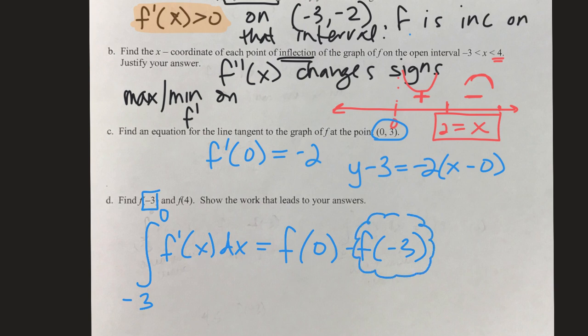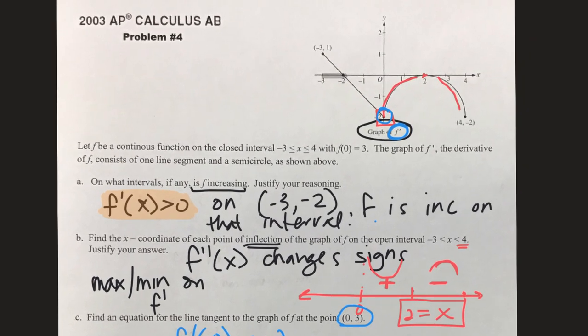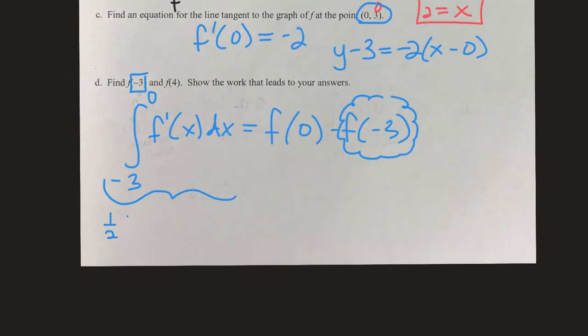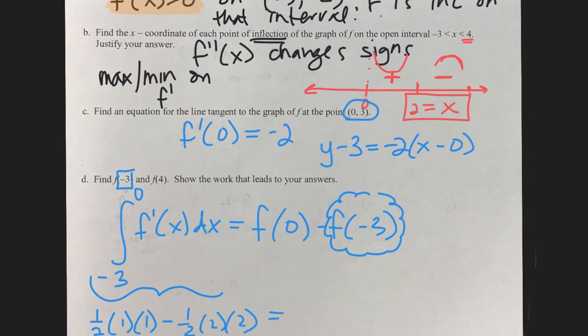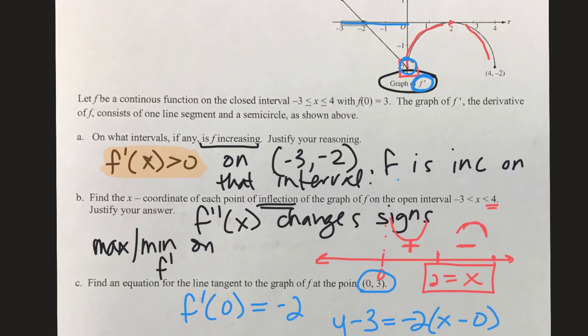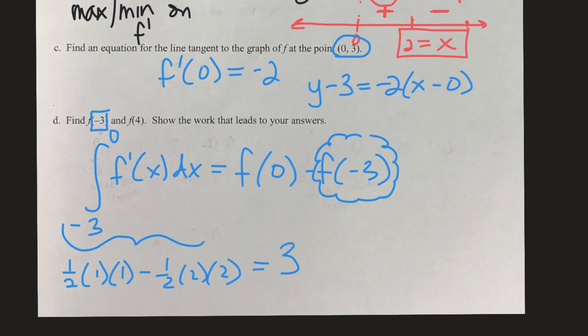So this is the area under the curve from negative 3 to 0. That area is going to be a triangle. So we have 1/2 of 1 times 1 minus 1/2 of 2 times 2. And f of 0, we're told, where are we told this? We're told in our problem up here that f of 0 equals 3. So f of 0 equals 3 minus f of negative 3.